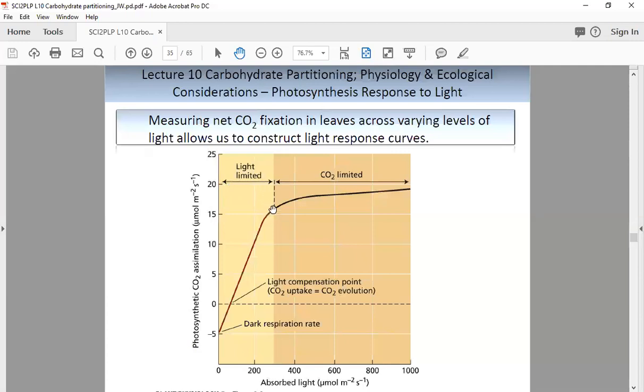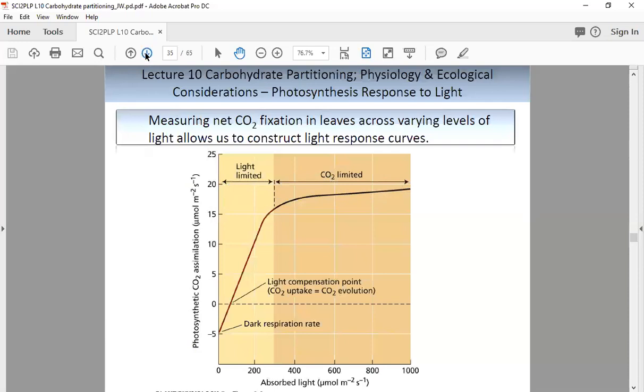All right, let's follow this curve around. Further increases in CO2 assimilation are eventually limited by a couple of factors: one, the carboxylation capacity of rubisco in the Calvin-Benson cycle, or two, metabolism of triose phosphates. So this part of the curve here is referred to as CO2 limited. So that's our light response curve.